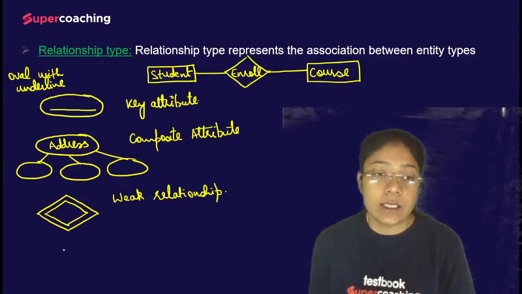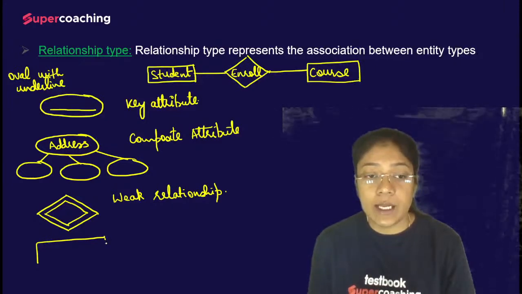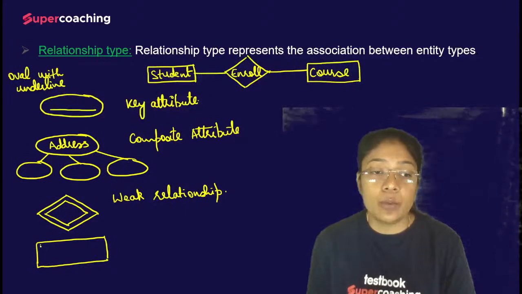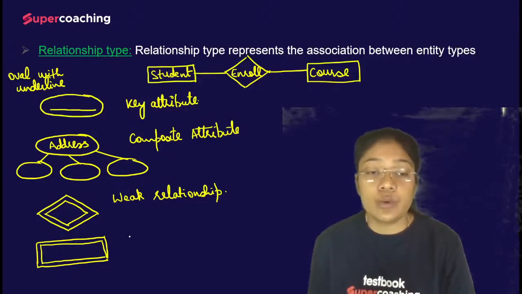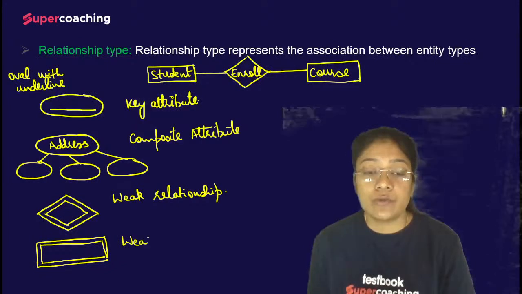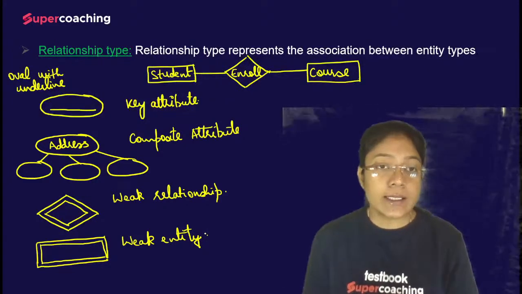And similarly we have weak entity. Basically weak relationship is used to relate the weak entities. Weak entity is something where we do not have a key attribute. So this is the representation for weak entity. I hope this is clear.